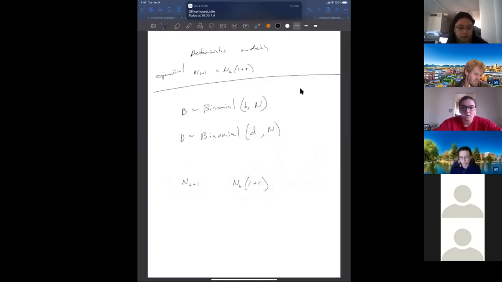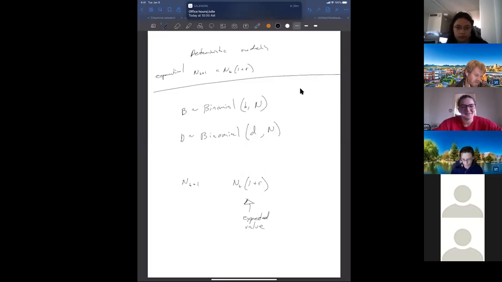So what if we think of this as the expected value? The population is following some expected trend with some variability around that.